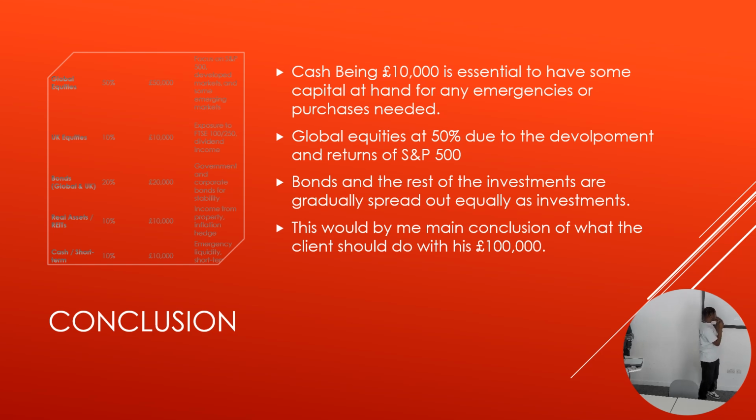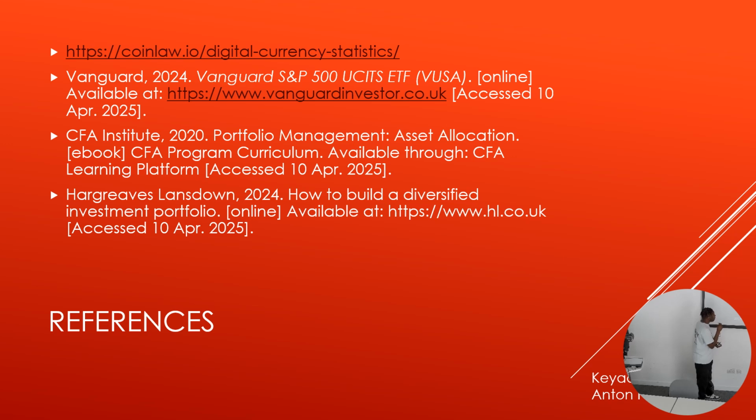The bonds at 20%, because bonds are quite a safe way to invest, and your passive income is slow. You might have a big month and a slow month, but you would never really lose your money. Bonds are obviously the best investment, normally gradually spread out. This would be the main conclusion of what I would say we should spend the client's £100,000 on. Here are the references for the information we provided today.